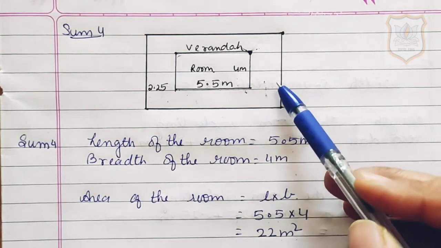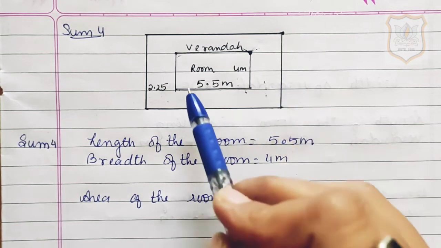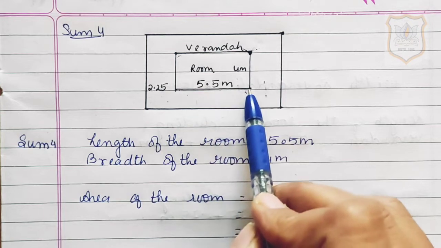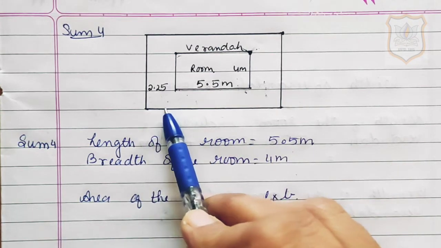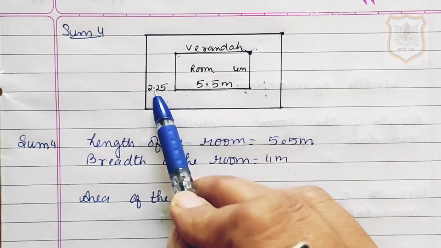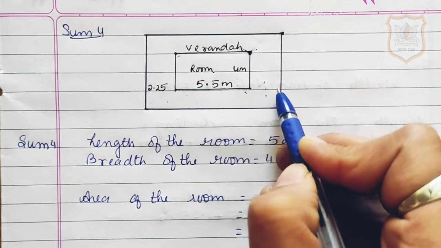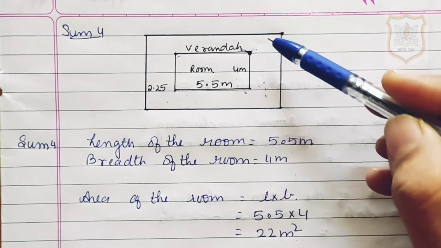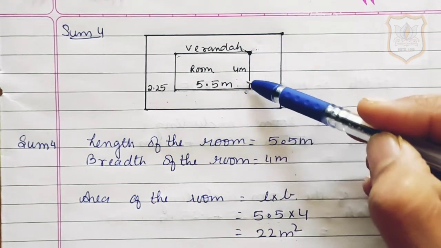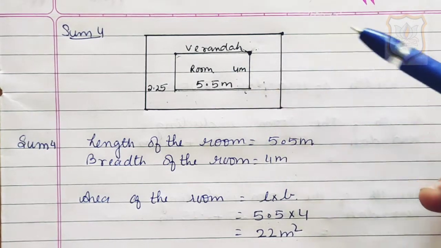Now we have to find out the area of the room including the veranda. Here this much length is 5.5 meter. So we will find out the length of this side. For that we will add 5.5 meter and 2.25 meter, and here also 2.25 meter. And for breadth we will add 4 with 2.25 meter and 2.25 meter.